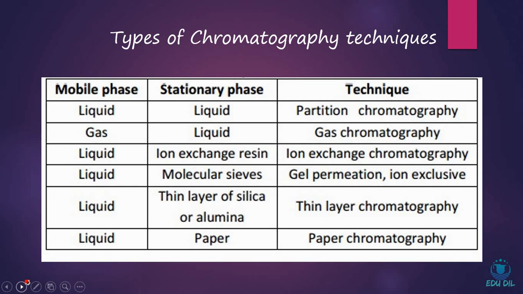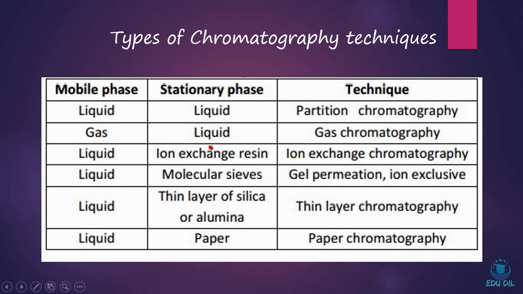There are different chromatographic techniques, as I mentioned in previous slides. It depends on the mobile phase and the stationary phase. Most of the time, as I mentioned, the mobile phase is a liquid or gas. All the time it is a fluid. The stationary phase may be a liquid or sometimes a solid, such as a thin layer of silica or paper.